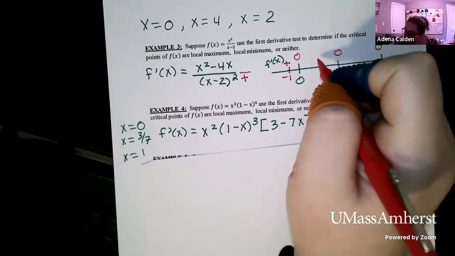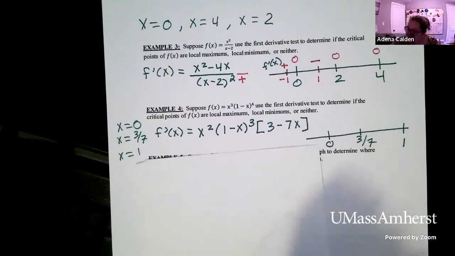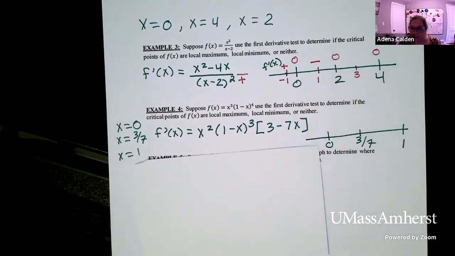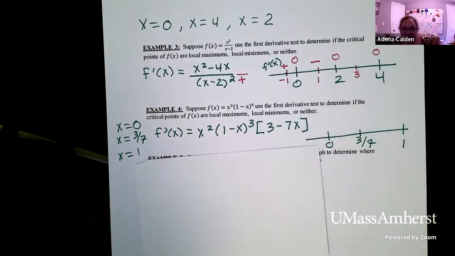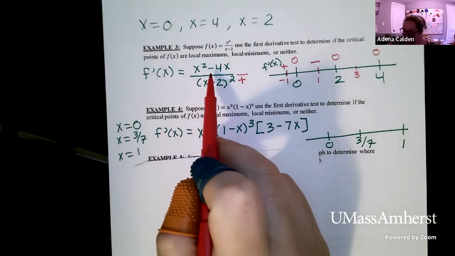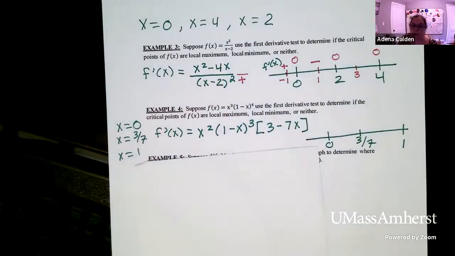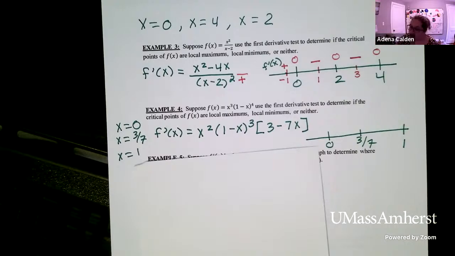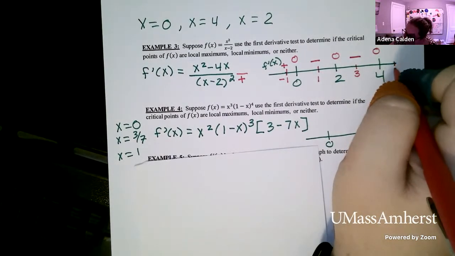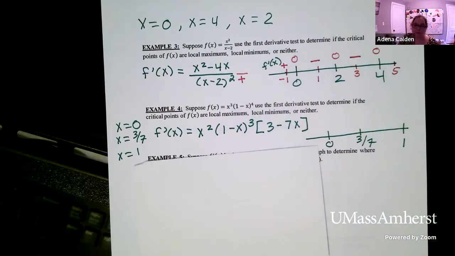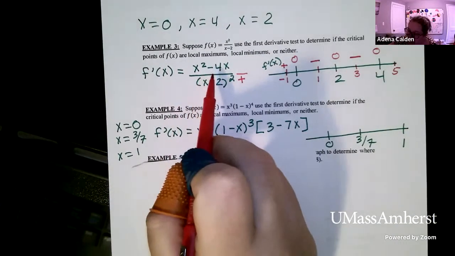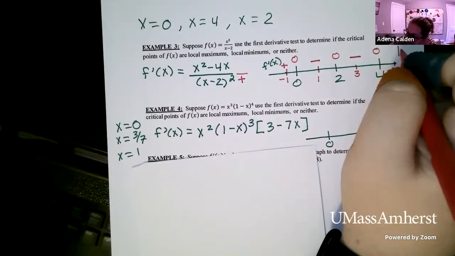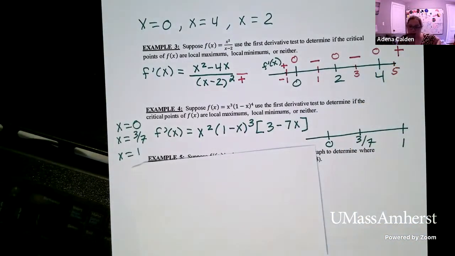So that's going to be something negative. If I pick something between 2 and 4, I'm going to pick 3, just because that's easy. 3 squared is 9 minus 12, which is a negative number. So that's negative. And then I'm going to pick something bigger than 4, say 5. So 5 squared is 25 minus 20, which is positive.